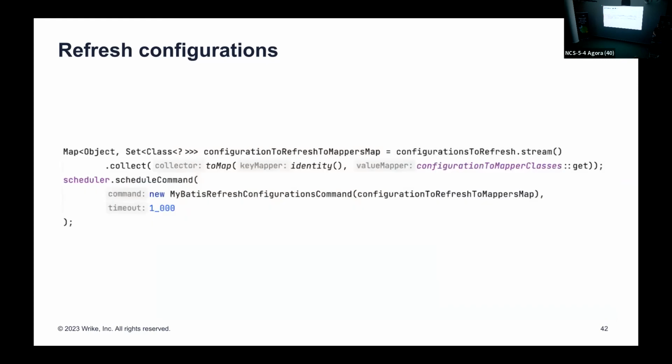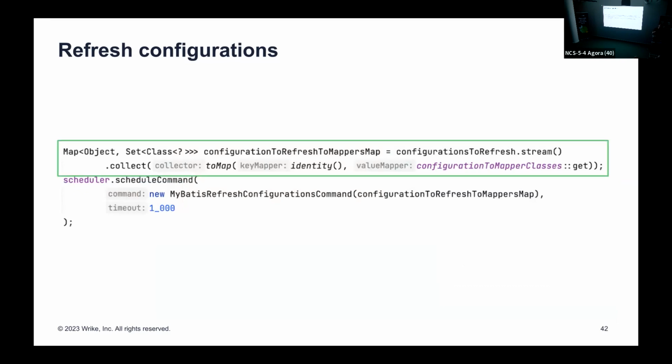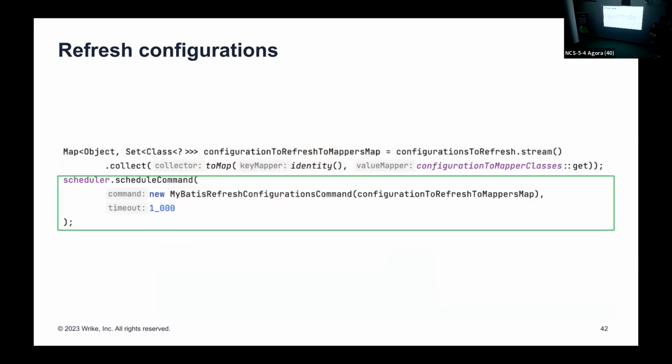And this is basically what we will do in our refresh configurations method. We first collect a map of configurations to the set of mappers which belong to this configuration, and then create a command and ask the scheduler to execute this command after 1 second, meaning that our batch time frame is this 1 second.